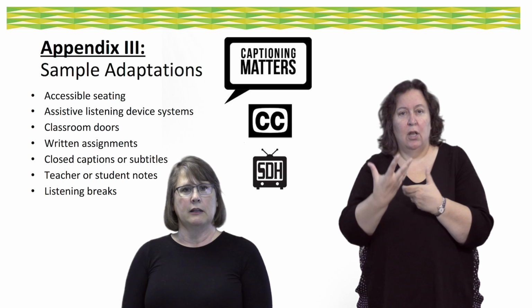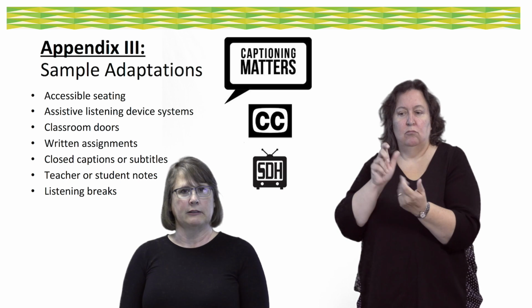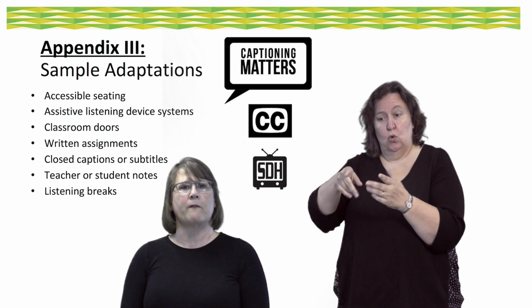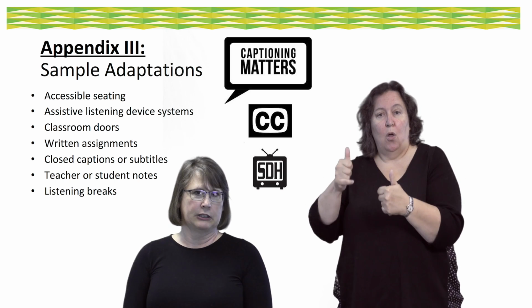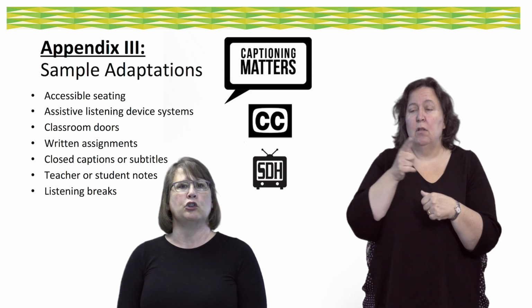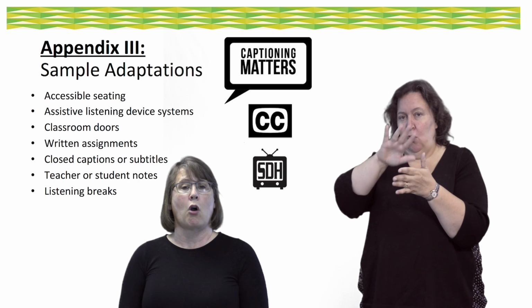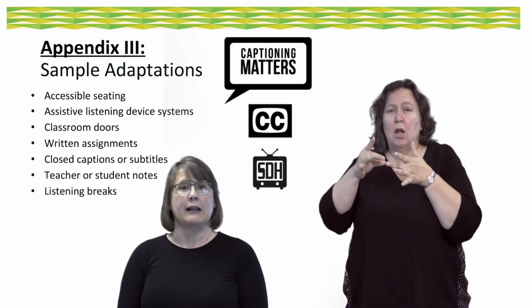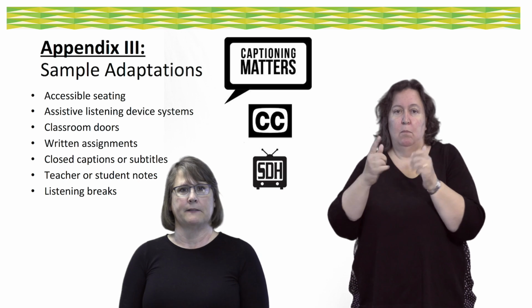Appendix 3 includes sample adaptations. A specific example is for a hard of hearing student with a profound hearing loss in her left ear and a mild hearing loss in her right ear, who is in the general education setting for all her classes. These examples are to be a guide and are not comprehensive.